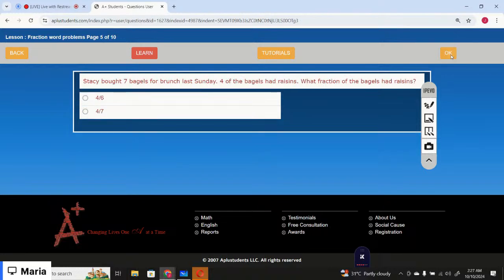The next one is: Stecky bought 7 bagels for brunch last Sunday. 4 of the bagels had raisins. What fraction of the bagels had raisins? Which is the correct option?